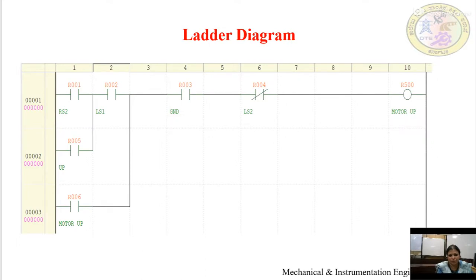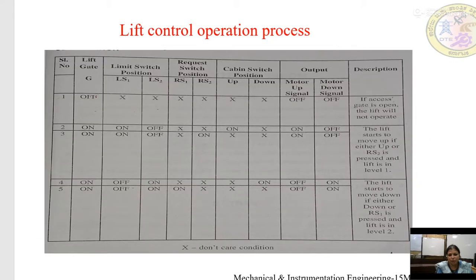And this is going to be the program for the ladder diagram of a lift control, and this is its operation process, the various steps involved in simulating and understanding how our developed lift control program is going to function. These are the different statuses and corresponding output status for various input statuses, the input switches and the motor as output.